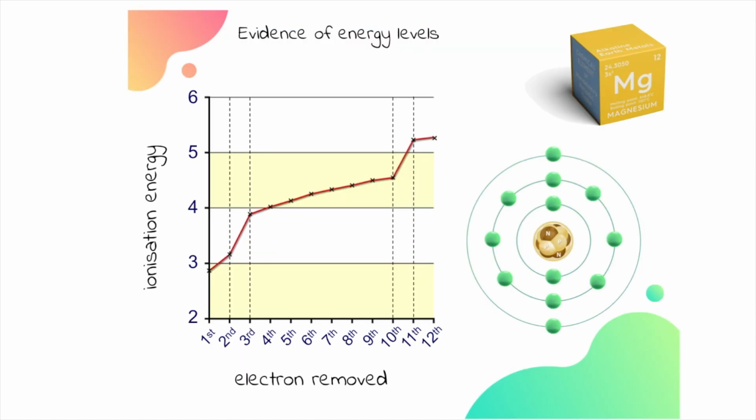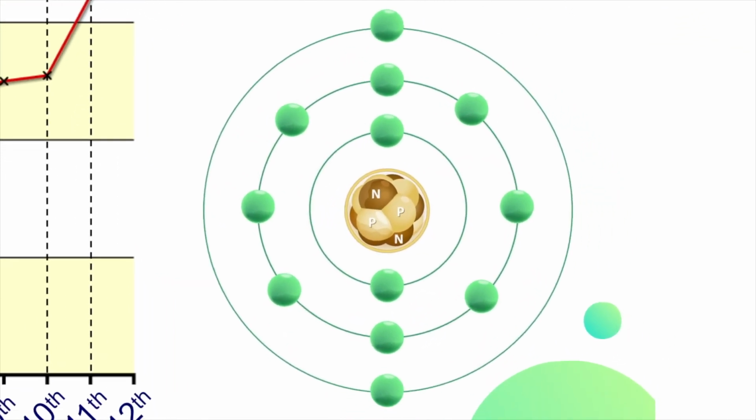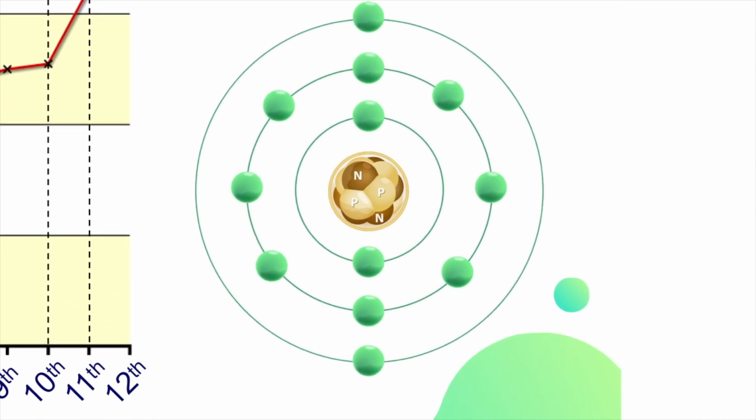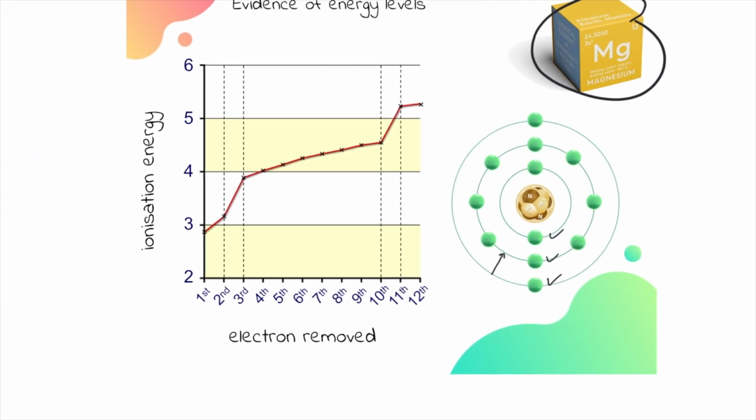So back to the graph of successive ionization energy, we have magnesium here, and take a look at its electron configuration. What do I see here? I have 3 shells: first shell, second, third. And as we've seen earlier, every time I move from the outer shell to an inner one, there is a sharp increase in the ionization energy.